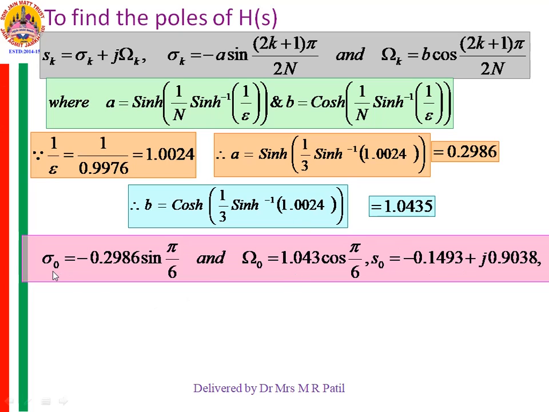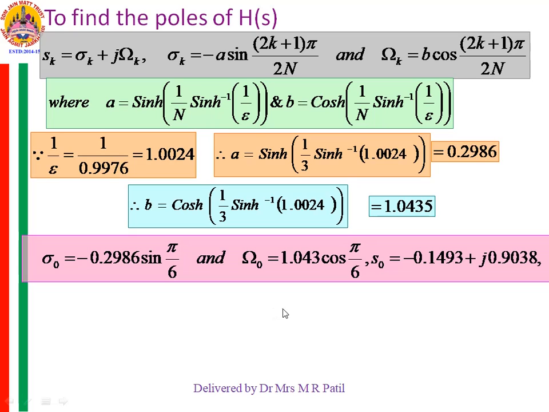Similarly, next for sigma 1 and omega 1, you have to proceed. Now K is equal to 1, we substitute here. So A is minus 0.2986, and sine of, when you substitute K is equal to 1, this becomes 3 pi by 6. So sine of 3 pi by 6, which is sine of pi by 2, and cos 3 pi by 6 is cos pi by 2.